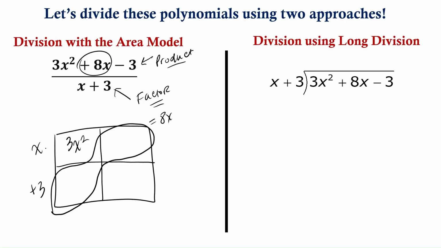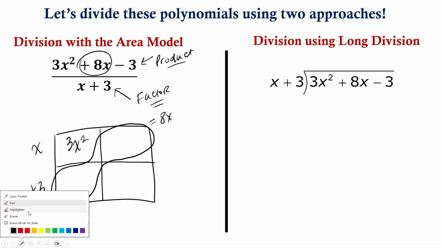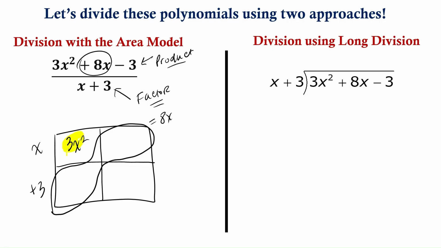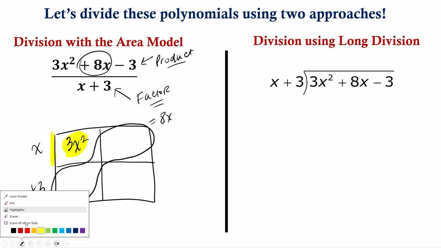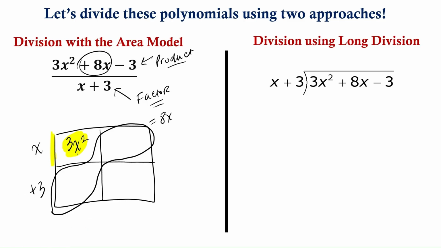All right, so we're going to work through our problem here. I know the area of this rectangle, and I know the length of that side. So I'm going to use the relationship of area to the side, which means we're going to divide. We know the area, the product, is 3x squared. We're going to divide by the length that we know, which is x.